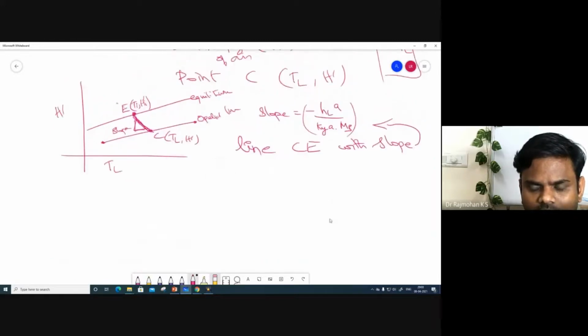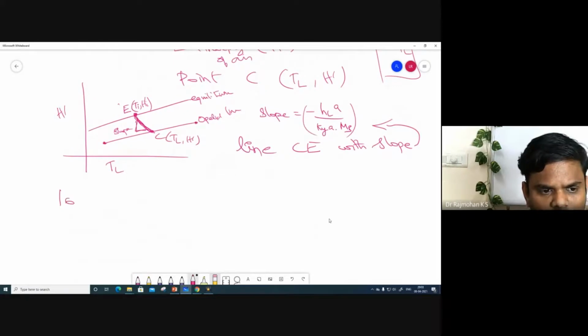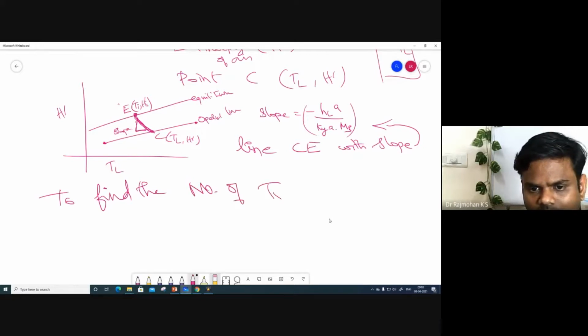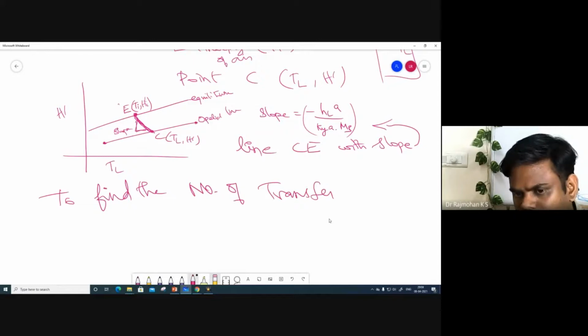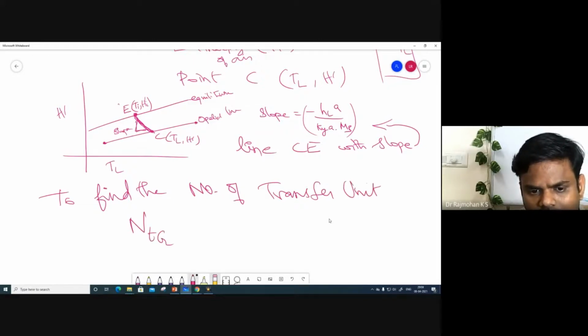And to find the number of transfer units, the enthalpy transfer units, NTOG, what is the value?